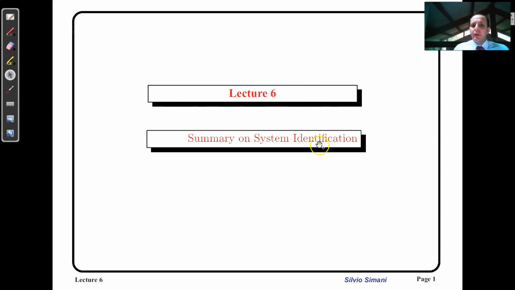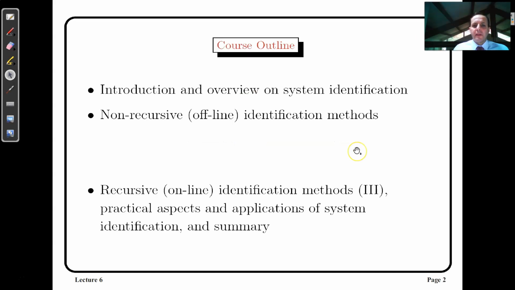So let's try to conclude some aspects on system identification. As of now, we are in the framework of linear systems. We saw in the previous lectures an introduction and overview on system identification. Then we gave attention mainly to non-recursive, so offline, methods, especially the classical least square approach.